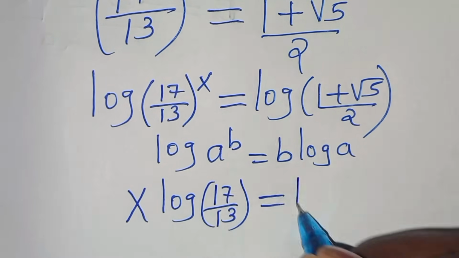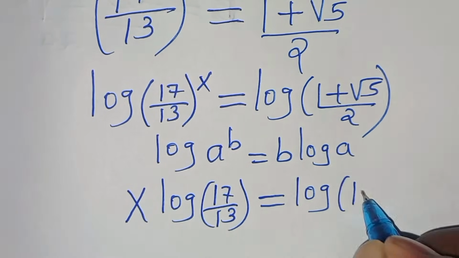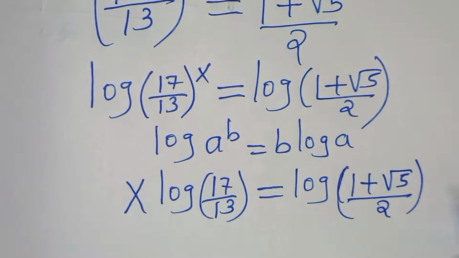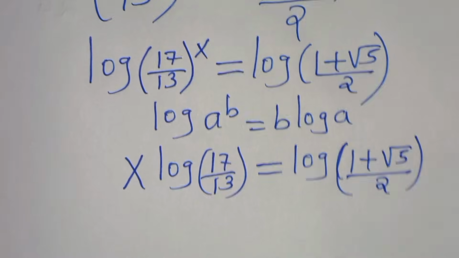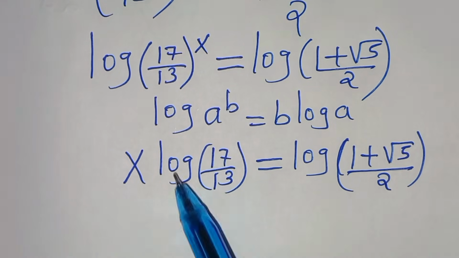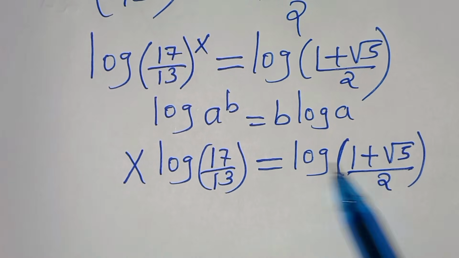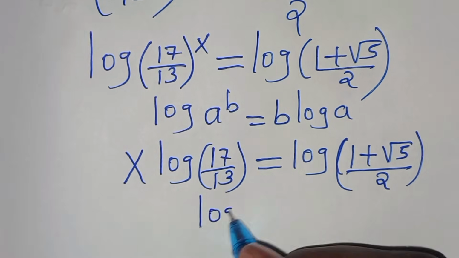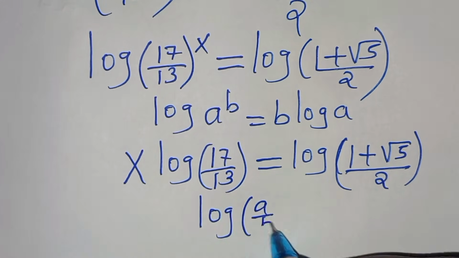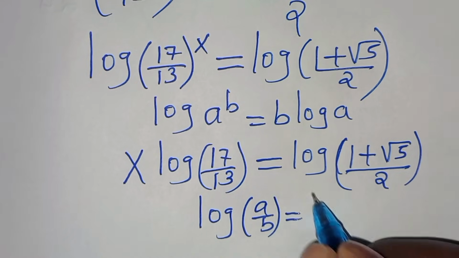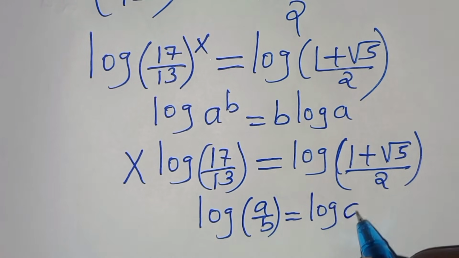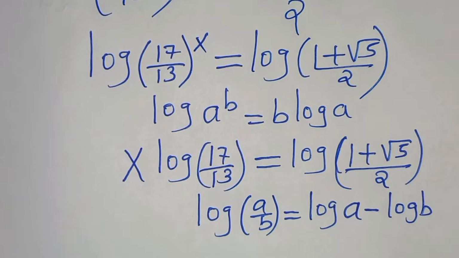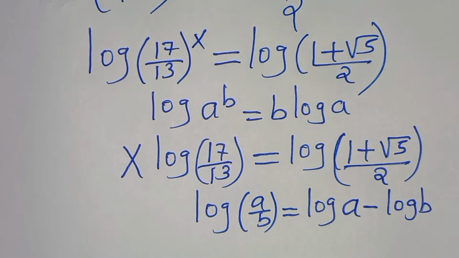This is equal to log of 1 plus square root of 5 over 2. Now, the next step is that log 17 over 13 and log of 1 plus square root of 5 over 2 are in the form of log a over b, which we can express as log a subtract log b. So let's apply this property.